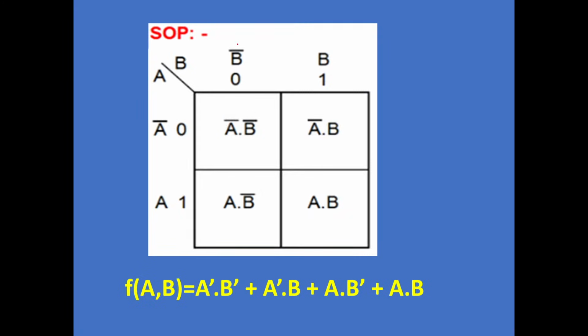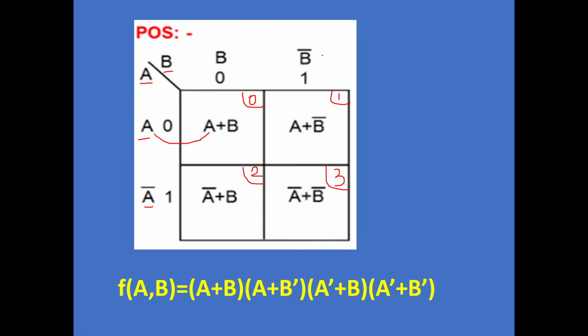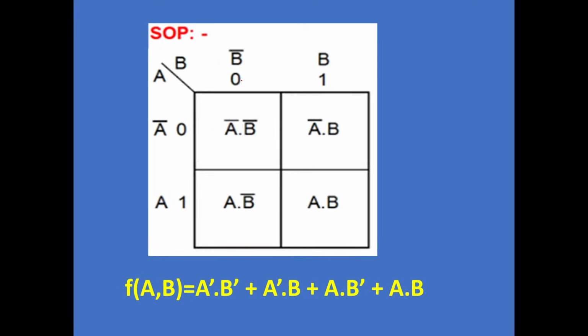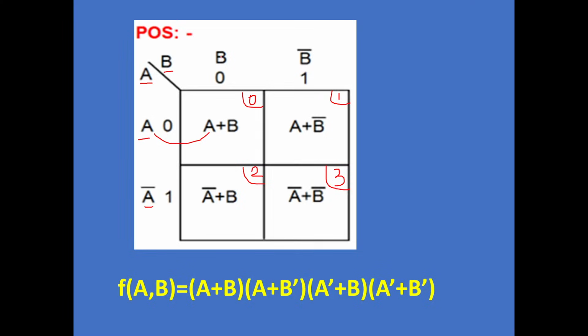Okay, that you remember. So for sum of the product, here you have written first B bar, next B, and A bar and A. So if you see product of sum, B, B bar, A, A bar. 0 and 1 did not change. For sum of the product, 0 means B bar. For product of the sum, 0 means B. Remember that. For product of the sum, 0 means B or A. 1 means B bar or A bar for product of the sum.